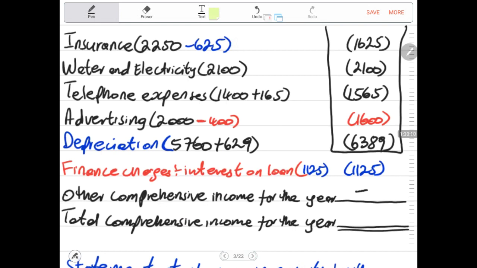The other comprehensive income is the revaluation surplus when the property gains value. Then the profit for the year is 184,156.